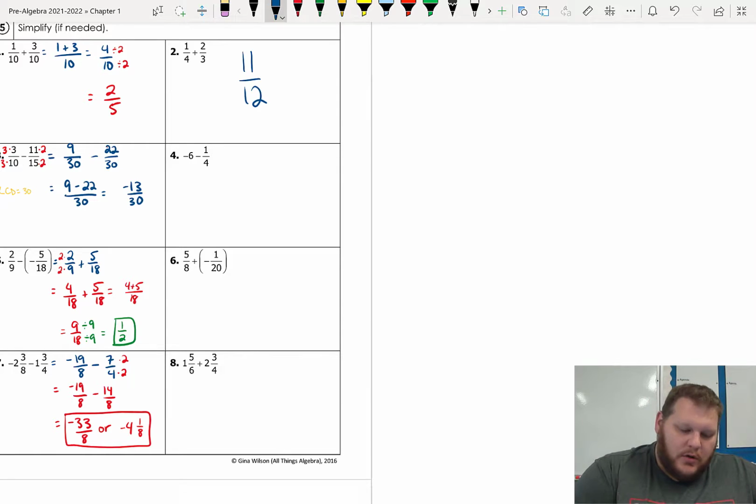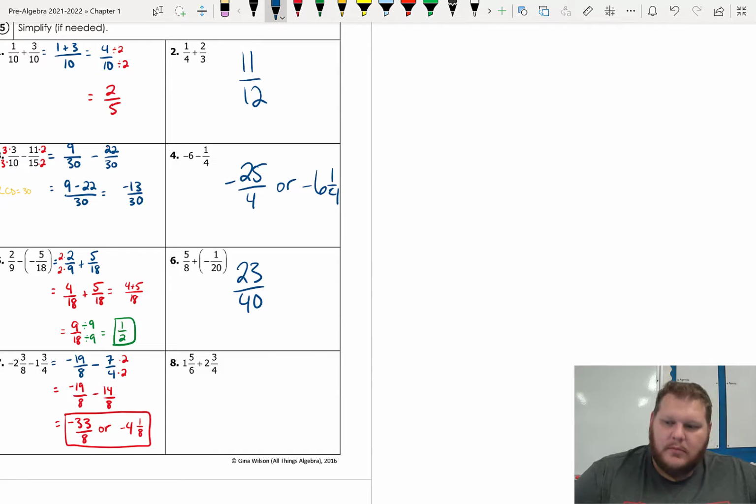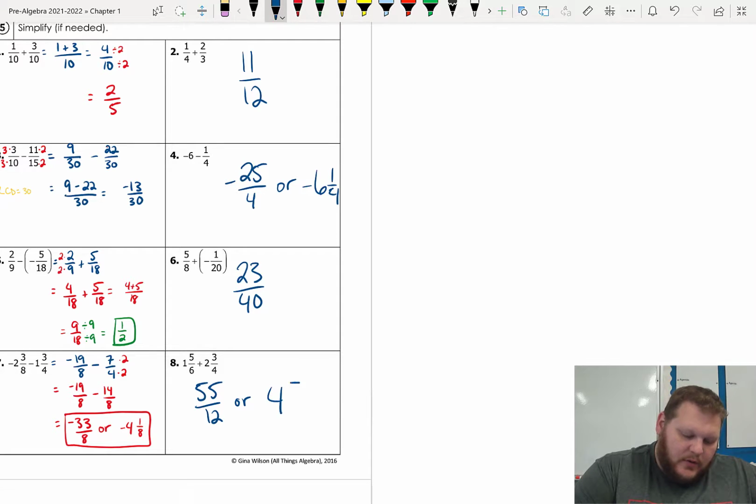For number 4, negative 25 over 4, or negative 6 1/4 if you put it as a mixed number. 6 should have been 23 over 40. And then number 8, either 55 over 12, which is 4 7/12.